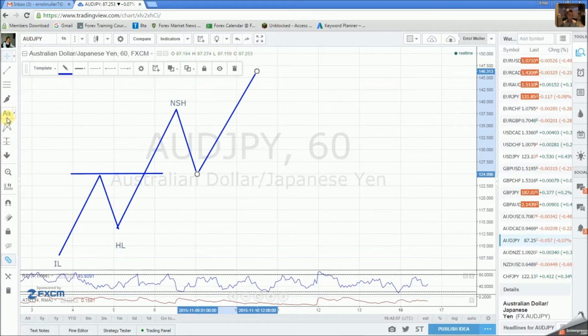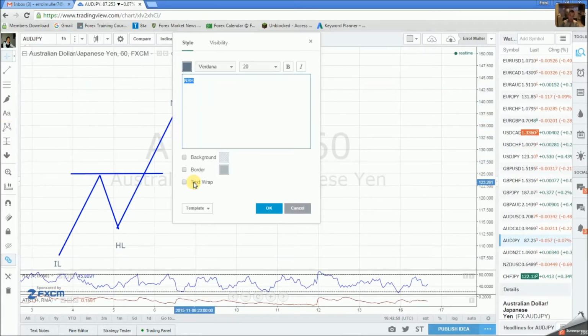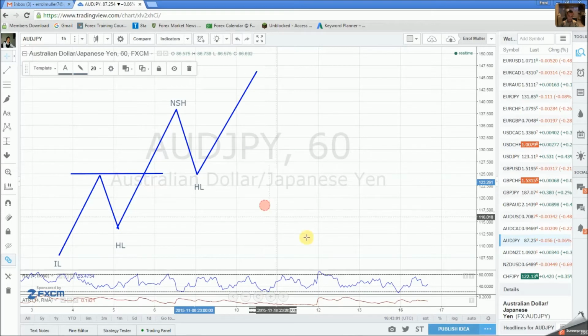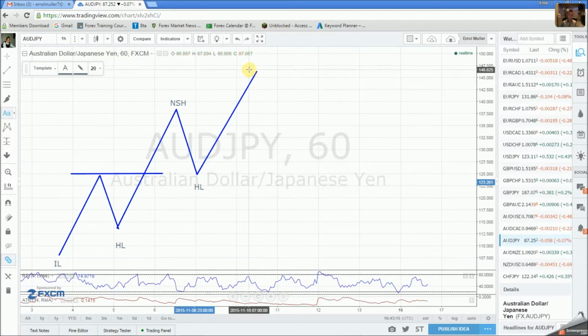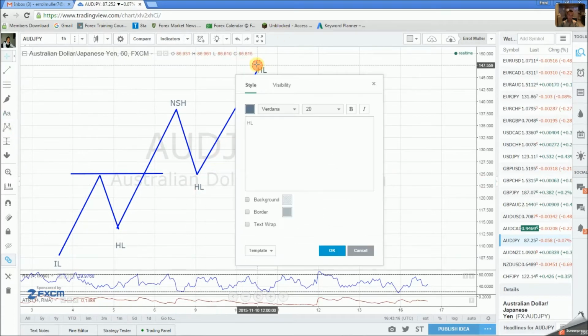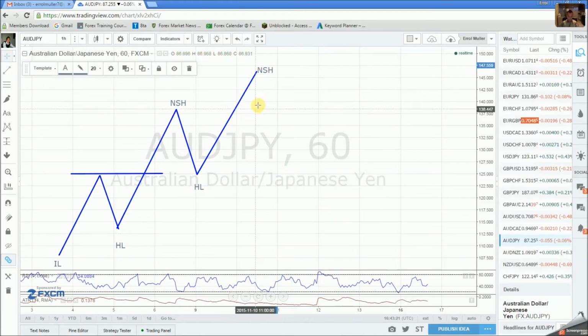So then again, guys, what you call this is a new higher low. Why? Because this low here is higher than our previous higher low. That's why we call it another higher low. And then from there on, the market managed to move upwards, and we get a new structure high, NSH.